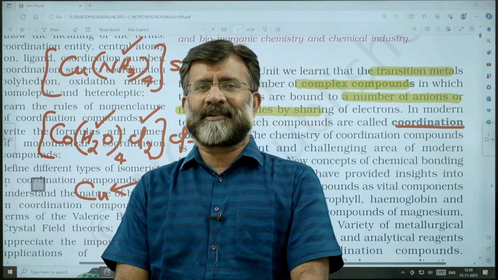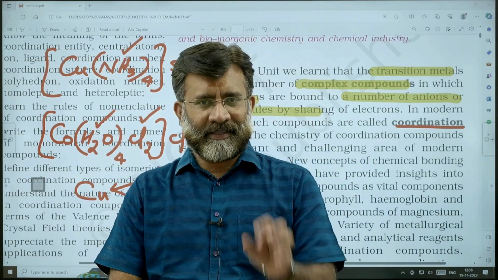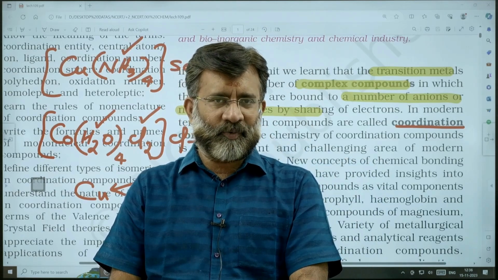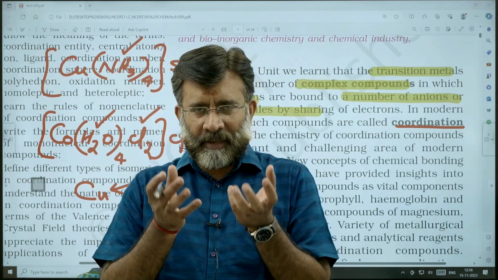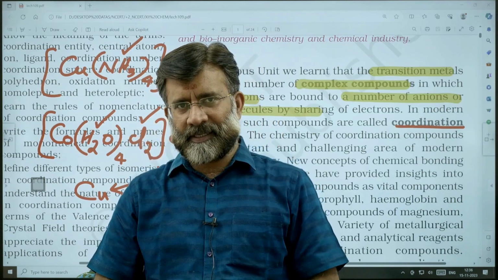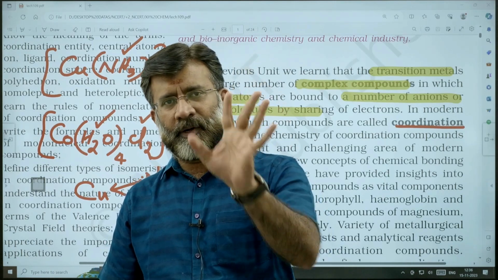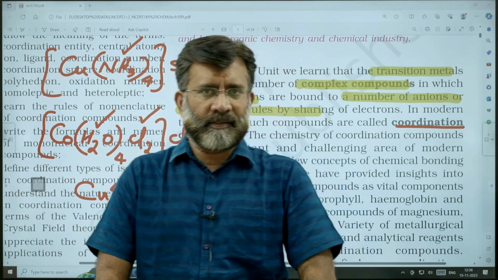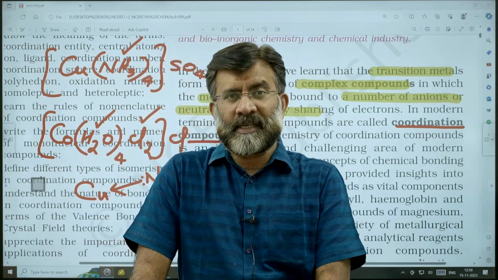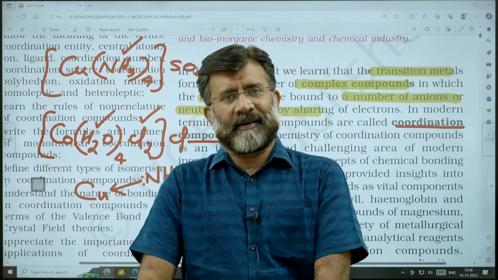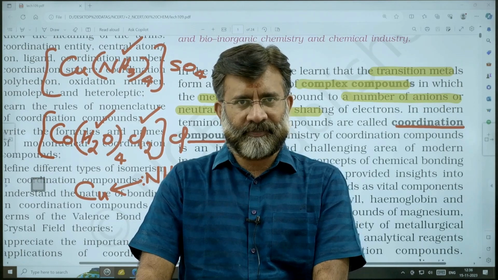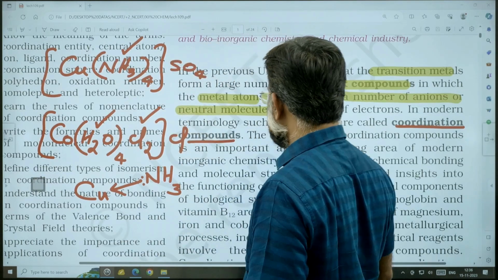Ligands can be understood as Lewis bases, where the central atom will act as a Lewis acid. The central atom acts as an electron pair acceptor, and the ligand acts as an electron pair donor. Electron pair donors, all of you know, act as Lewis bases, and the central atom will act as a Lewis acid, right?